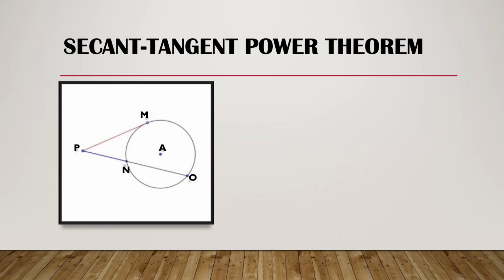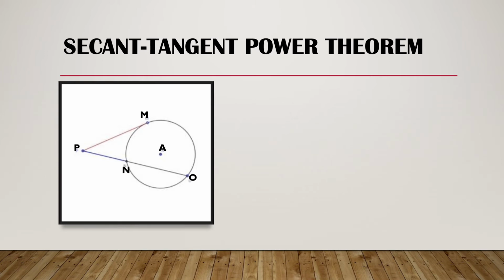What is the name of the circle in the figure? Circle A. Good. And the secant is PO. How about the tangent? PM. Great.